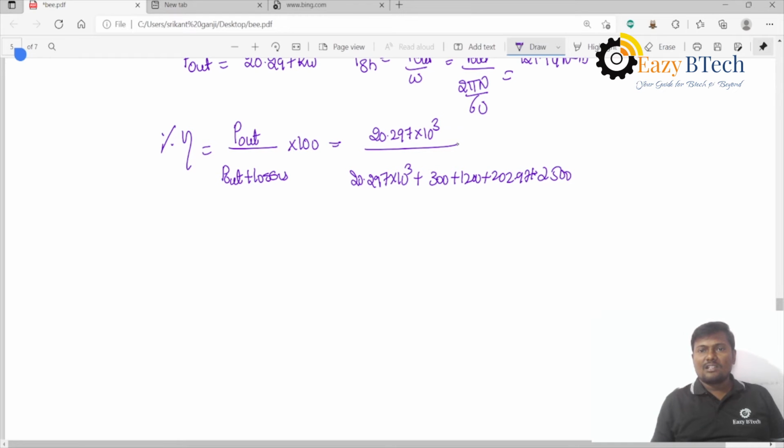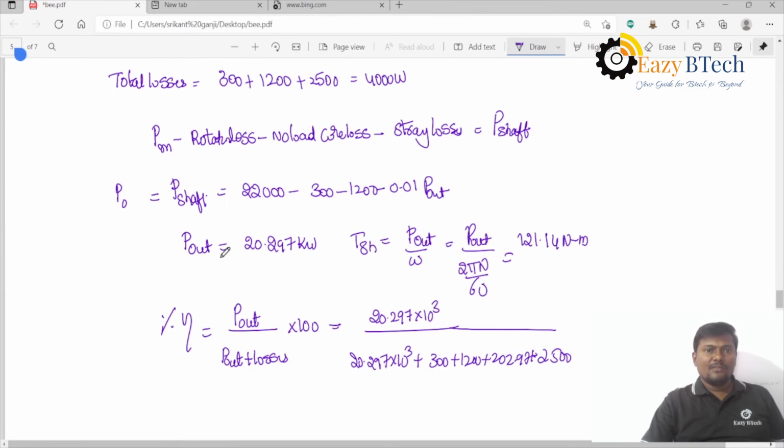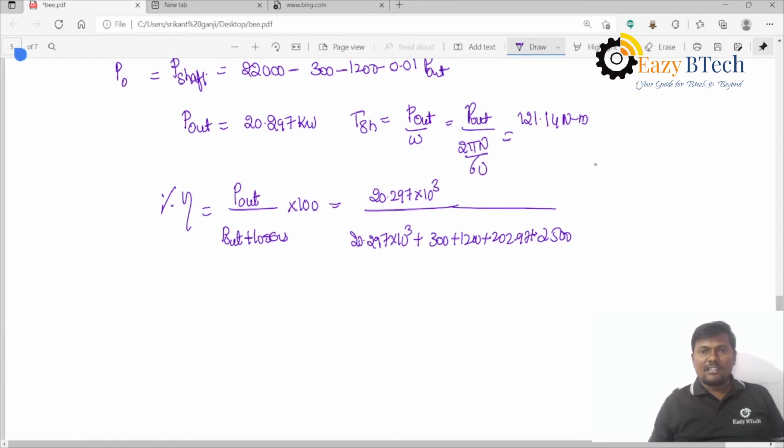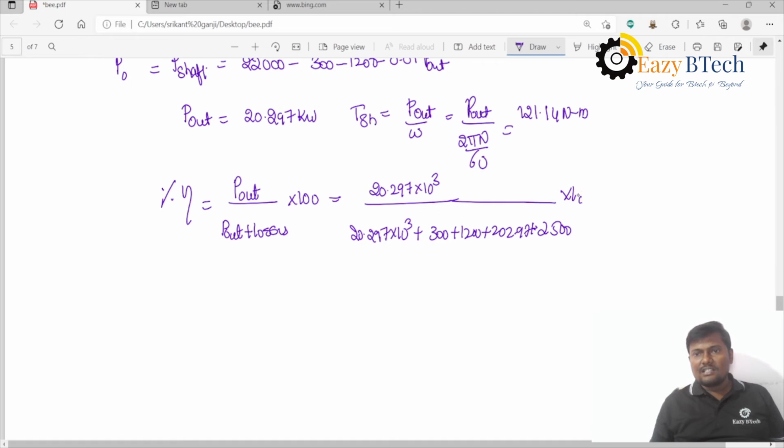These are called the total losses, plus stray load losses. So substitute here, multiplied with 100, then I got it as 82.845 percent.